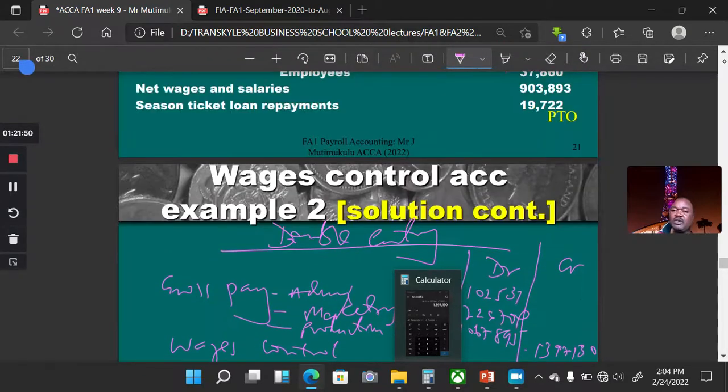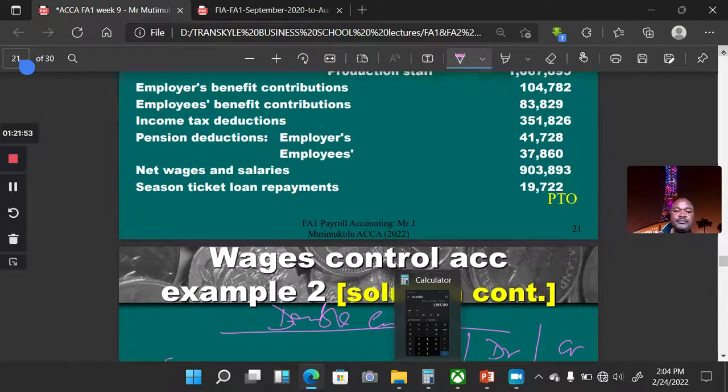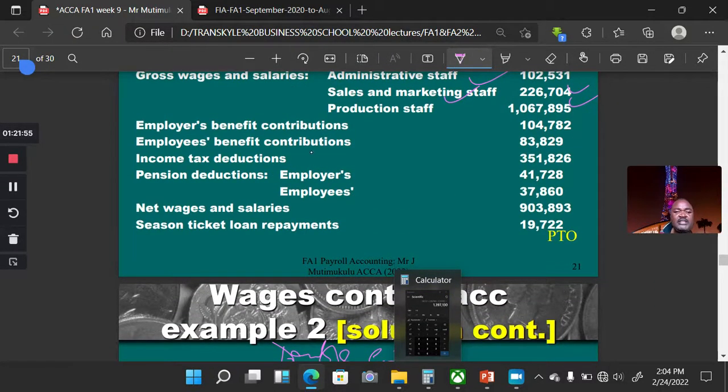Let's go back to the question. Employees' benefit contributions.